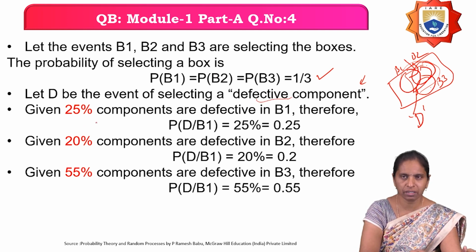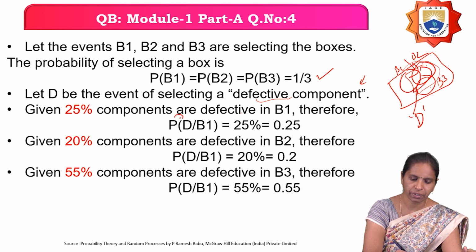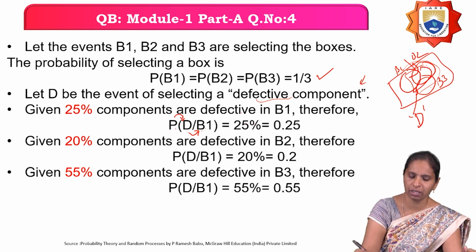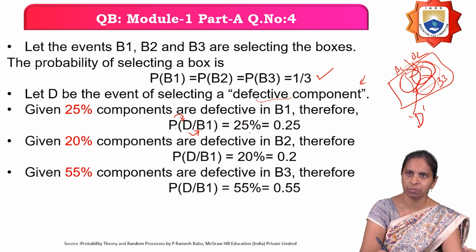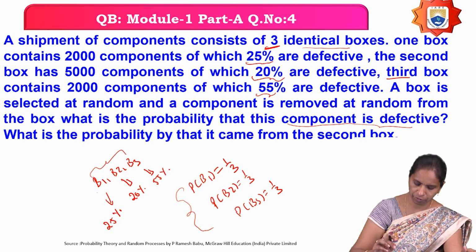And what are they given? They are given that 25% of components are defective in B1. Therefore, what is the probability of selecting the defective component given that the component has been selected from the box B1? Then P of D by B1 equals 25%, nothing but 0.25. And the second one: they have given 20% components are defective from the second box.